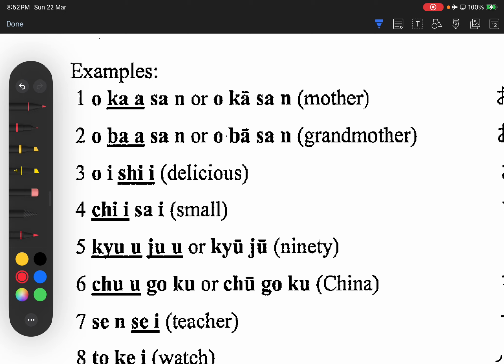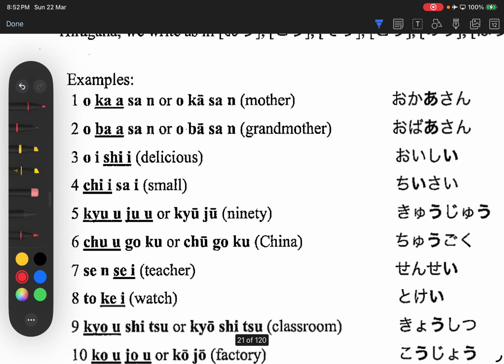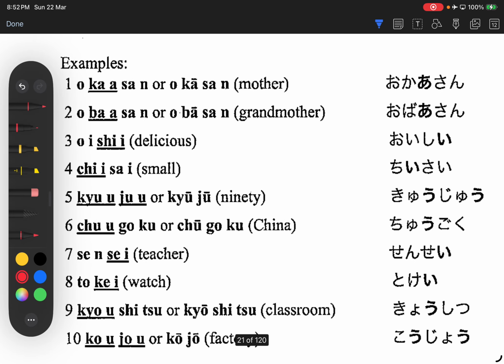Obaasan means grandmother. If we don't have the long A sound, that means we are saying Obasan, which is auntie. So Obasan is auntie, Obaasan is grandmother. Okay? So if you happen to go to the market and you want to call auntie, don't call them grandmother lah. Maybe the nasi lemak will give you less rice, or less meat. So please beware that changes in the long vowel sound can mean different things.